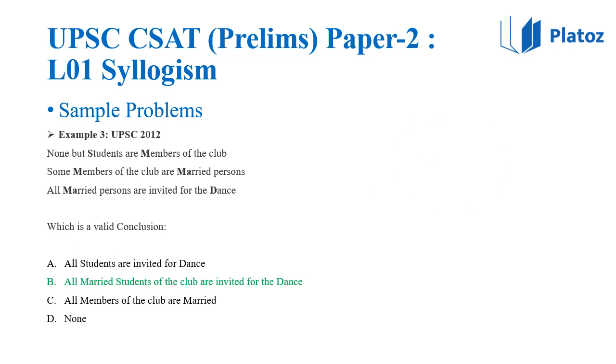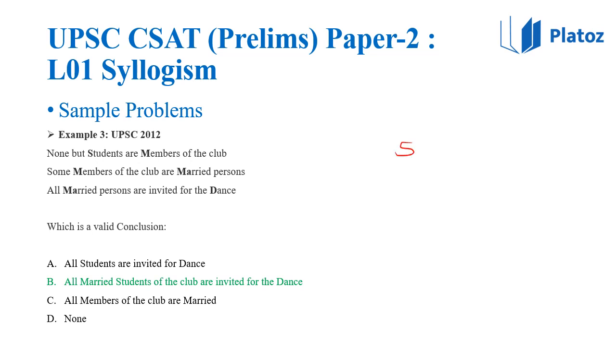Okay, so now let's look at the third example. This is a UPSC 2012 problem. None but students are members of the club. This is simply of the form none but A are B. So let's draw this now. None but students are members of the club.